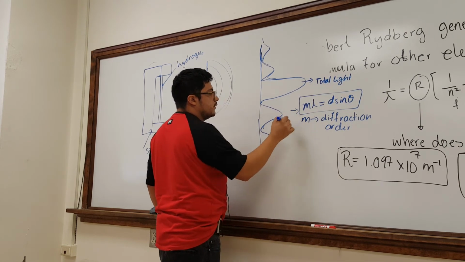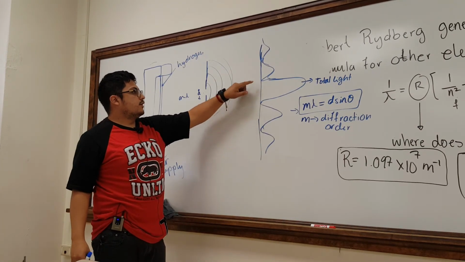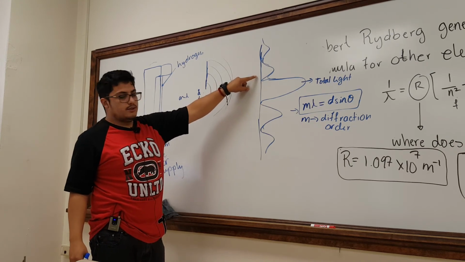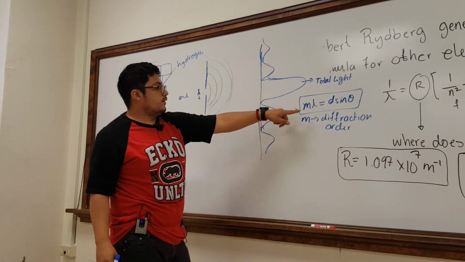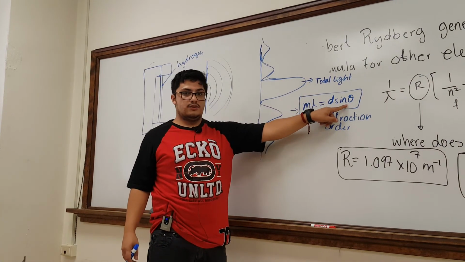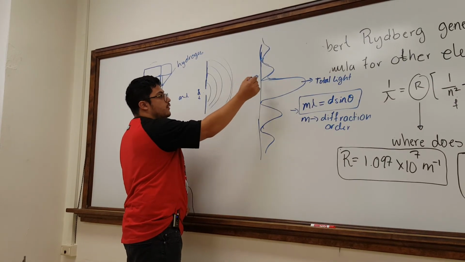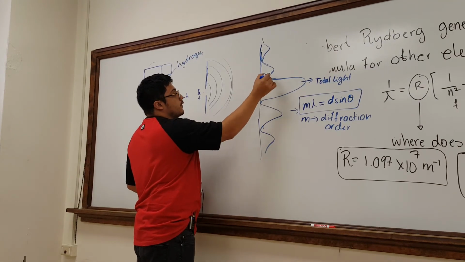Now, from this equation, as we move from the center outward, different wavelength means a different diffraction angle. So as you move away from the center, you're going to have different colors.